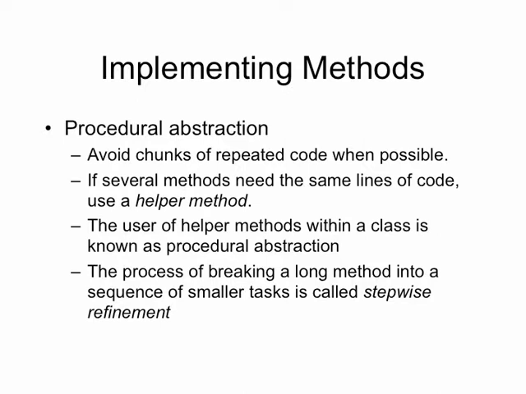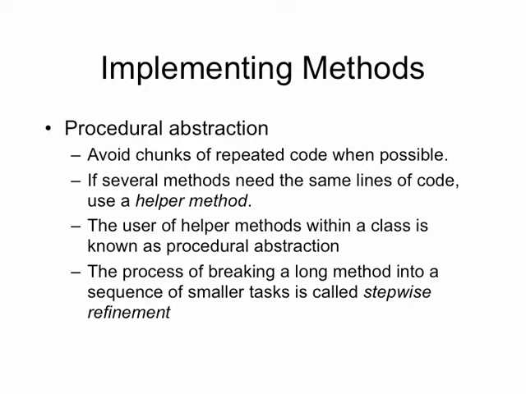So if you have chunks of repeated code, it's useful to take that chunk, stick it in a method, and everywhere you need to repeat the chunk, call the method. So we take all those lines and put them in a helper method. The use of helper methods within a class is known as procedural abstraction. So we're taking tasks and putting them in a procedural abstraction.